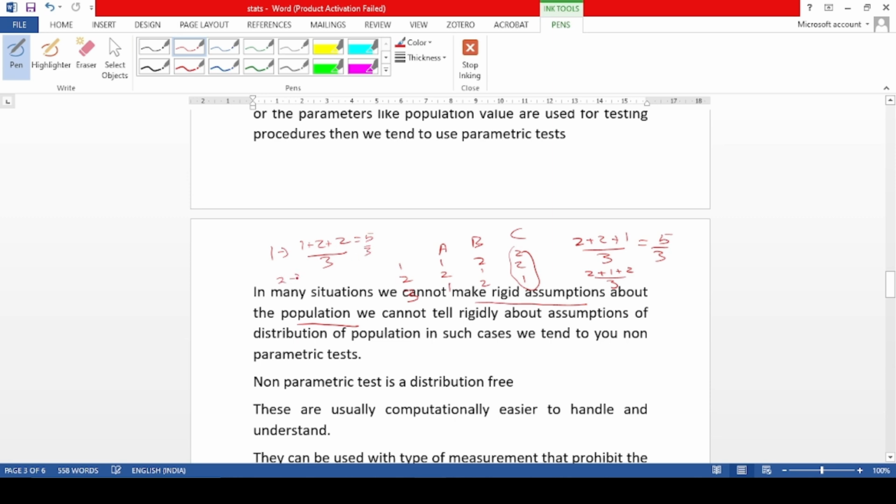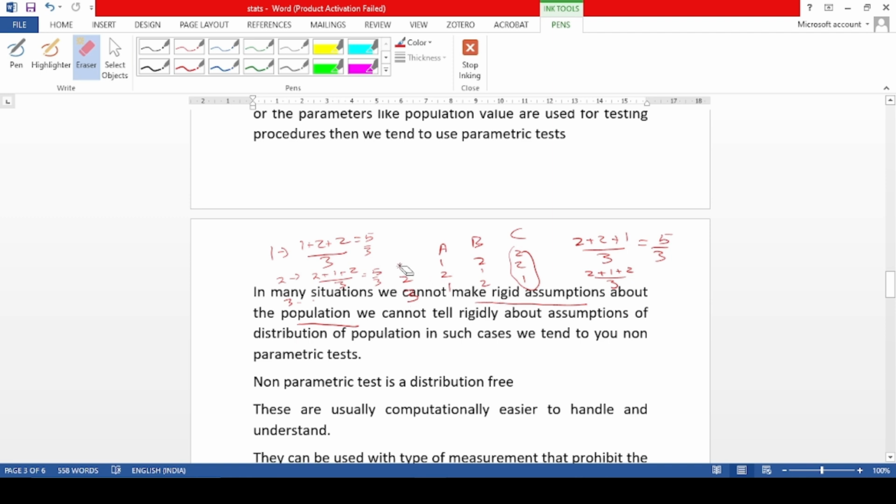For person 2, it could be 2 plus 1 plus 2 upon 3, that is 5 by 3. And similarly for person 3. The main motive for telling this marks pattern, or the differences in means, is that we can estimate the parameters about the population.